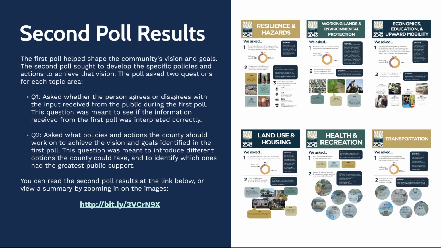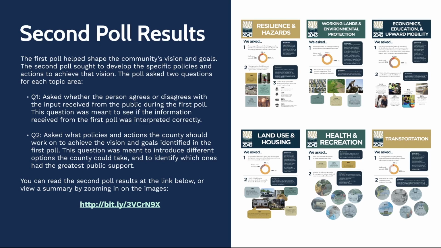Question 1 asked whether the person agrees or disagrees with the input received from the public during the first poll. Question 2 asked what policies and actions the county should work on to achieve the vision and goals identified in the first poll. This station includes graphic summaries of the data for different planning topics, showing the public input received.